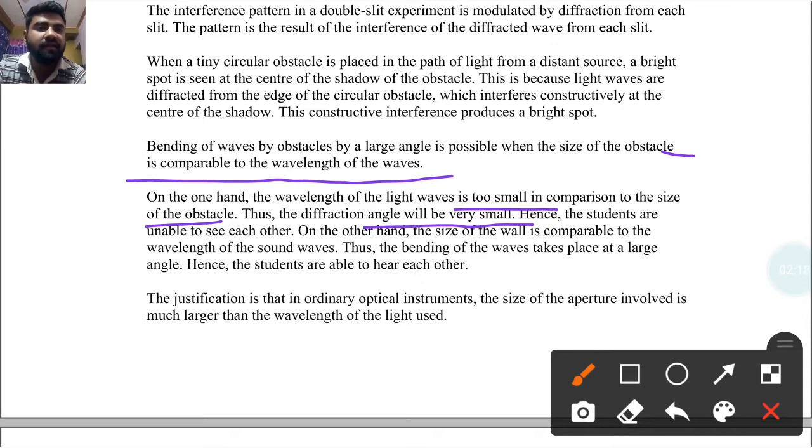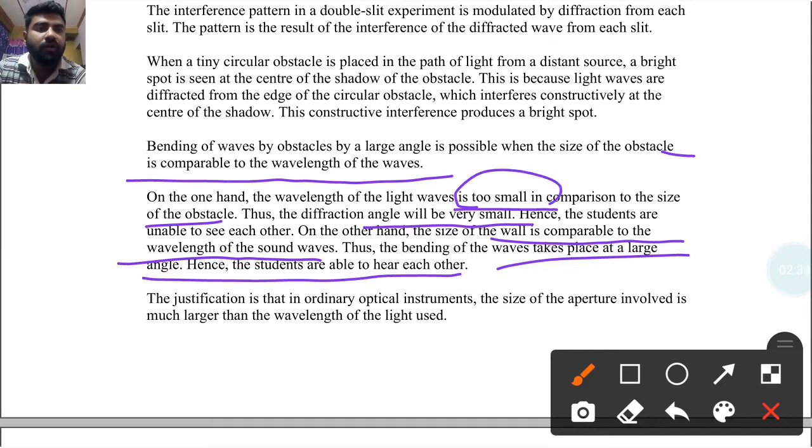On the other hand, the size of the wall is comparable to the wavelength of the sound waves. Thus the bending of the waves takes place at a large angle, hence the students can hear each other. So first of all, the wavelength is too small, and also the bending is at a large angle. These are the two factors.